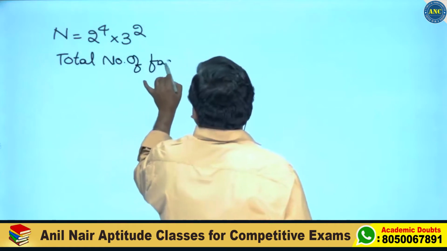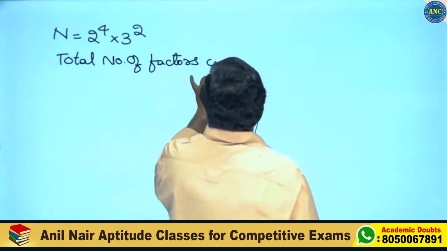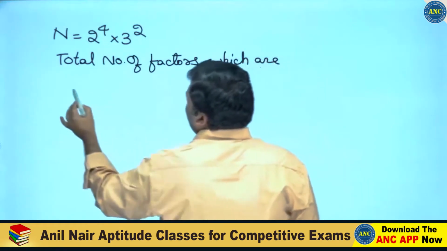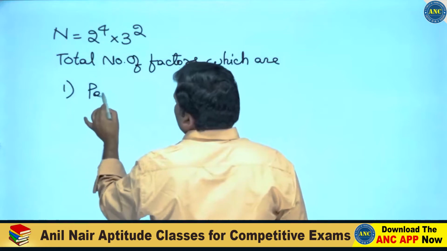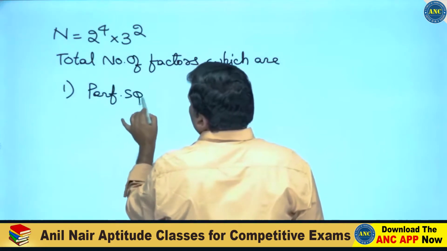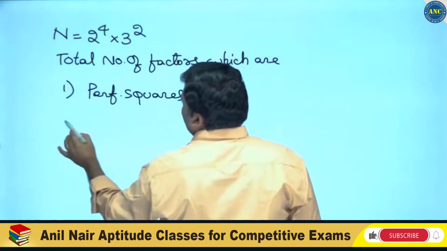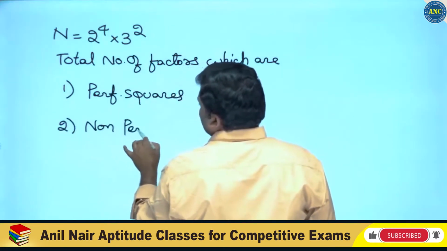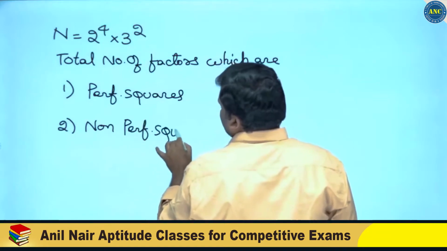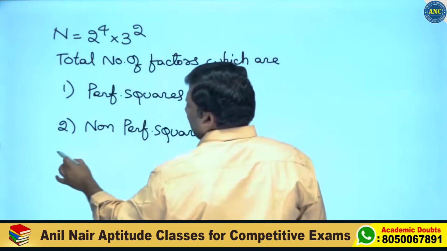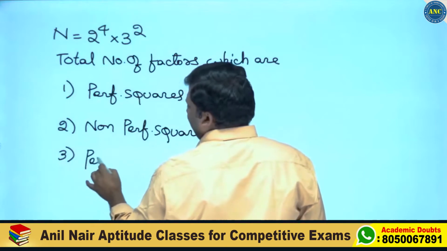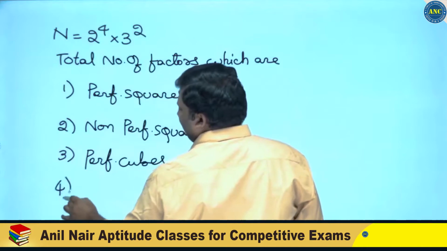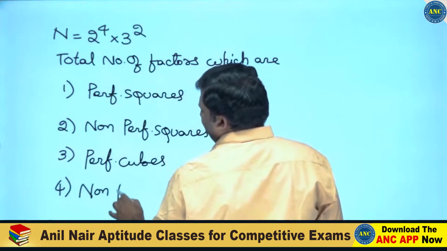Find the total number of factors which are perfect squares, non-perfect squares, perfect cubes, and non-perfect cubes.